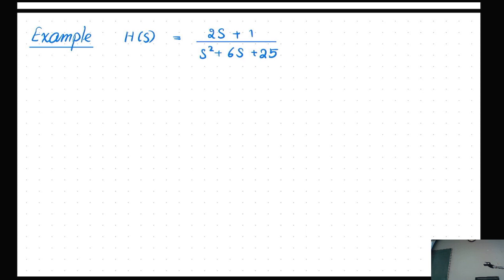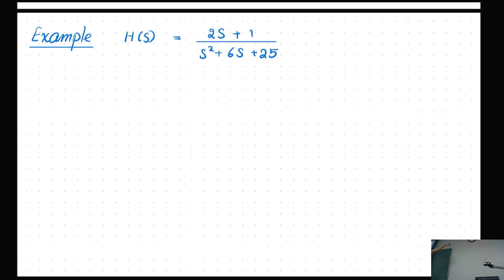If I give you this function, can you give me the poles? Different people have different methods of finding the poles. Some of you may use the formula: minus b plus or minus the square root of b squared minus 4ac, divided by 2a. Or you could use a perfect square to find the poles.